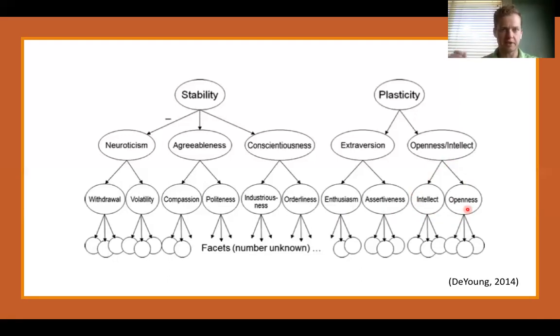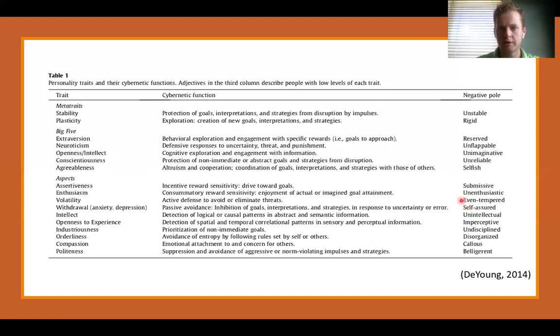That's more of a right brain function, that holistic view of the world. So here is a chart of all these. You can see again, the negative pole of stability is unstable, and the negative pole of plasticity is rigidity.